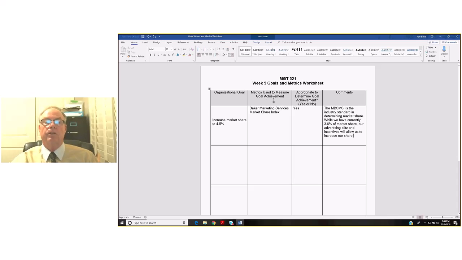And the metrics used to achieve that, I've just made up the Baker Marketing Services Market Share Index. But you'll need to find something that determines how that organizational goal is measured. And every goal must be able to be measured.